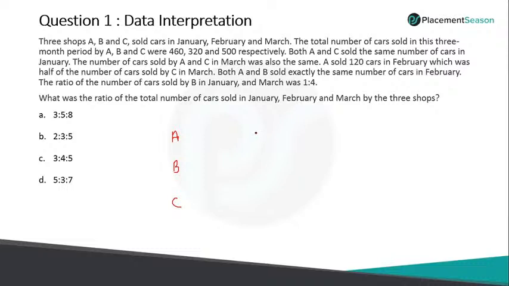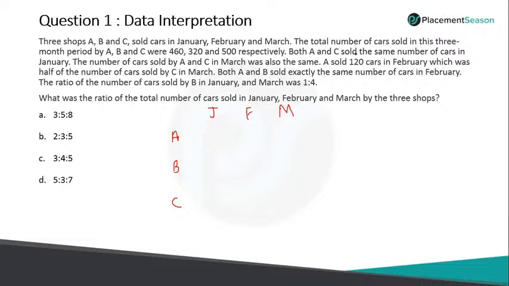So we write the months in horizontal order: Jan, Feb and March. Now we have to find the number of cars sold in January by A, by B, by C, and likewise. So we'll now read the question.